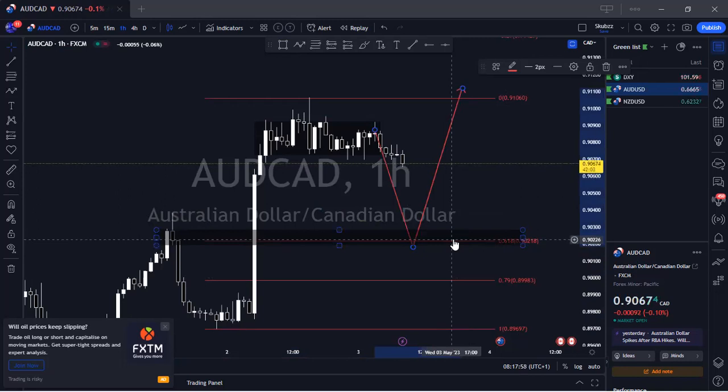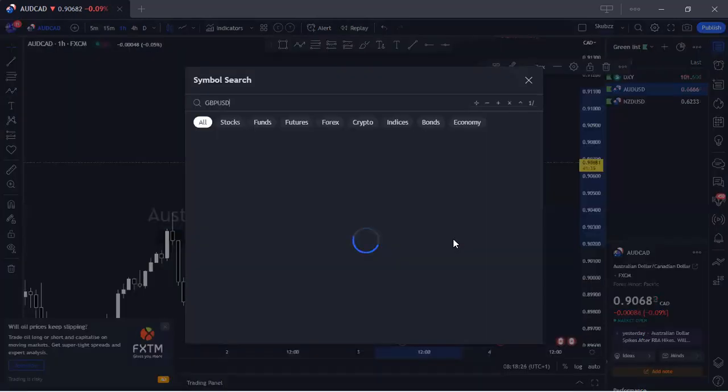Is there any other pair you guys want us to take a look at? None for now. Okay, good. I heard someone, somebody talking about a pair that we should look at. GBPUSD.